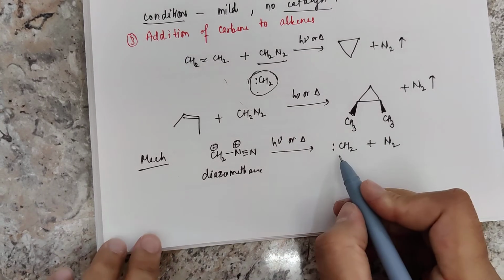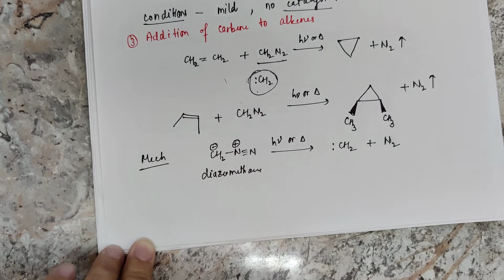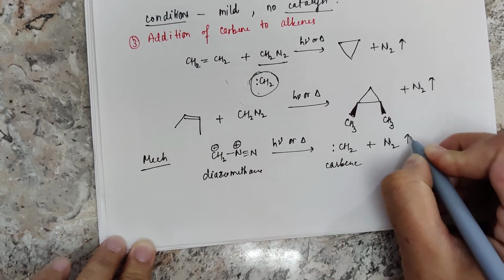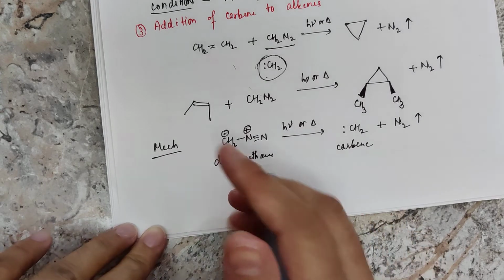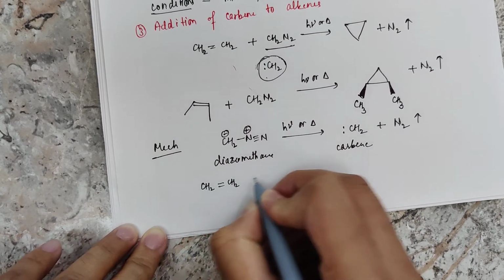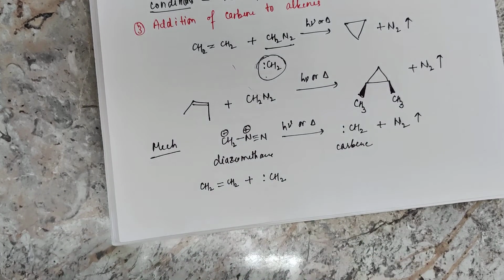कार्बिन हमारा न्यूट्रल स्पीसीज है. It will have lone pair of electron. It is very highly reactive. नाइट्रोजन तो हमारा गैस है, तो it will just go into the atmosphere, and now the alkene and carbene will react. होगा क्या?